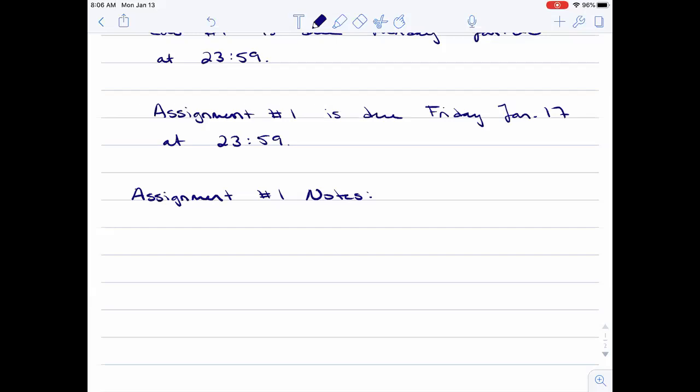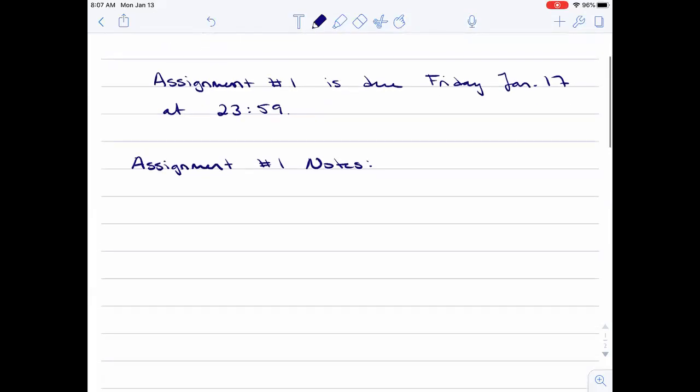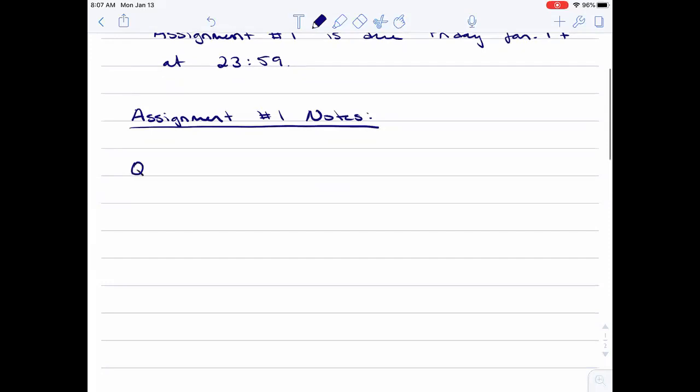The assignment questions talk about explanatory variables and response variables, and I have those mapped out to talk about later, but I'll just tell you what they are. They're not that weird. So on question 5, you need to know the difference between an explanatory versus a response variable.